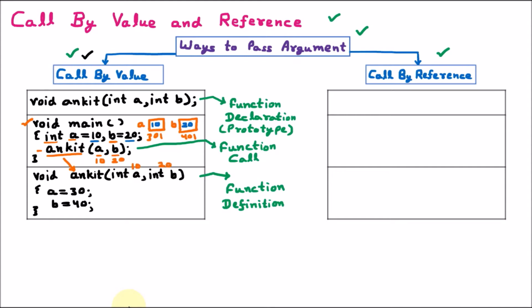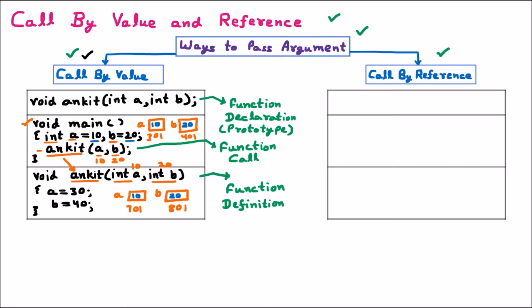Once this function is called, we have Ankit, int A, int B. Inside the body of the function, two variables A and B are defined again. Let us suppose that their addresses are 701 and 801. Here these two values are copied, so the value of A is 10 and the value of B is 20.